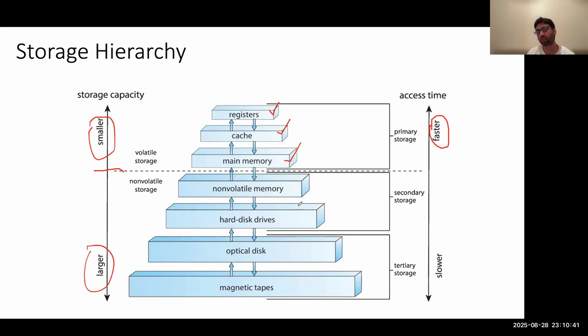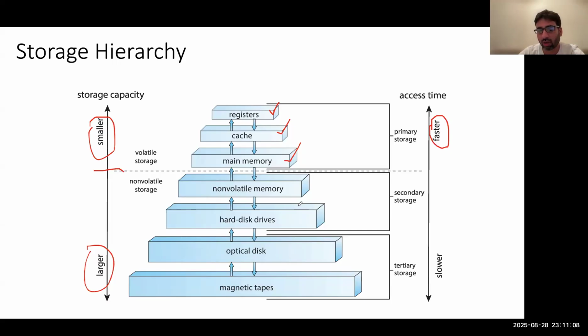Definitely, each of these levels in the hierarchy is a broad topic in its own right. For example, registers, cache, or main memory, or how they are managed, and so on and so forth. We are not going to look at them, because registers and cache are mostly hardware managed and are covered more in hardware-oriented courses.